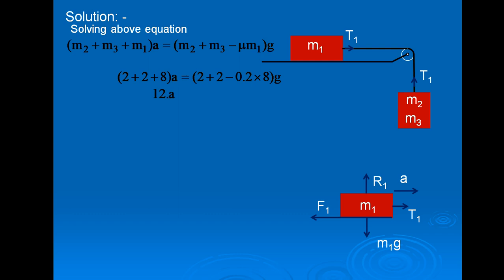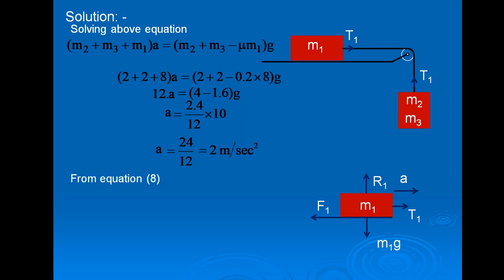So 12a is equal to (4 minus 1.6) into g. 4 minus 1.6 is 2.4. So we get a is equal to 2.4 upon 12 into g, where g value is 10. So a is equal to 24 upon 12, which is equal to 2 meter per second square. So this is the value of the acceleration of the system.